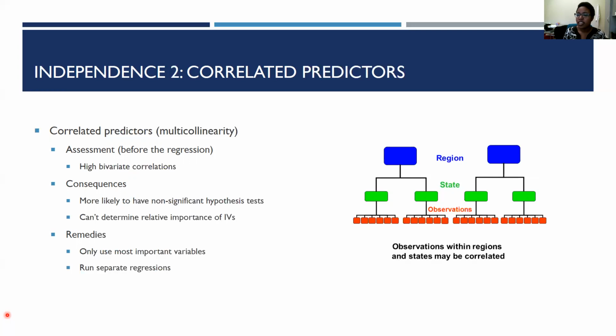The consequences are that your hypothesis tests are more likely to be non-significant, right? And you're not going to be able to determine the relative importance of different independent variables, right?